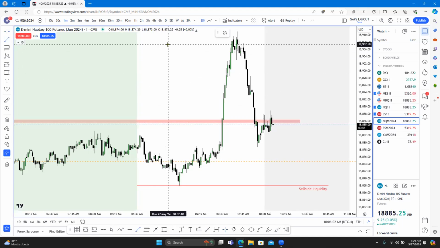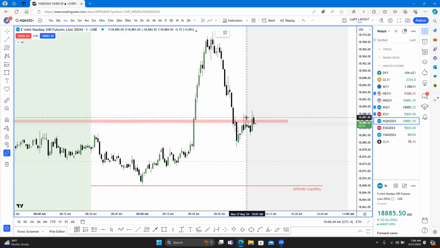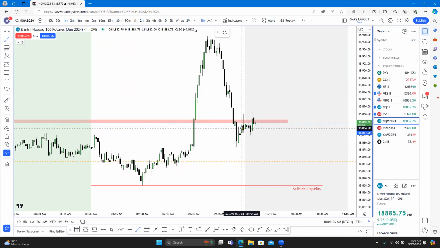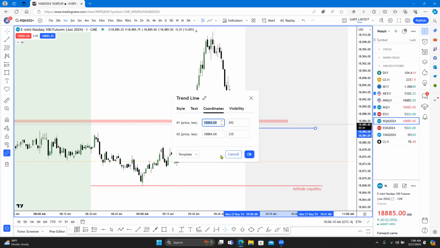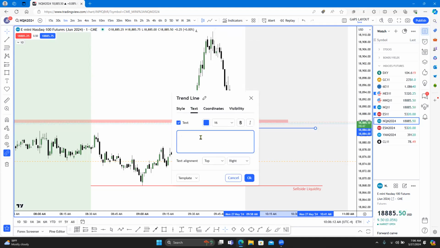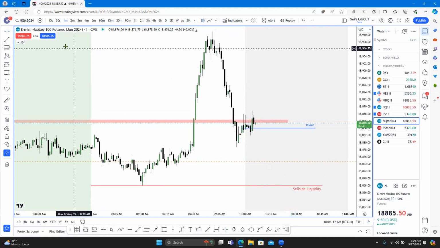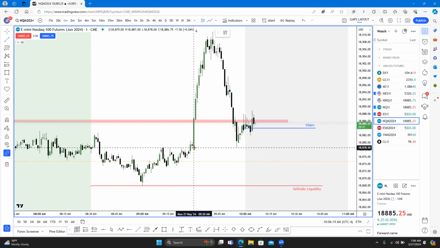So coming into the session here at 10 a.m., I want to mark up the open, right? We have 10 a.m. open. Then we have our 9:30 open.